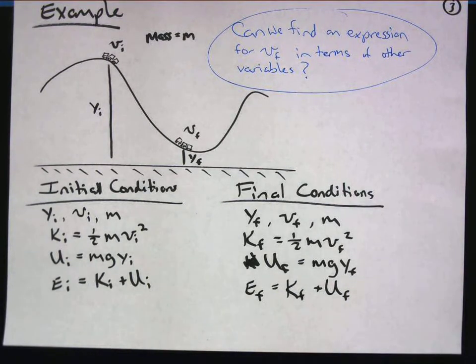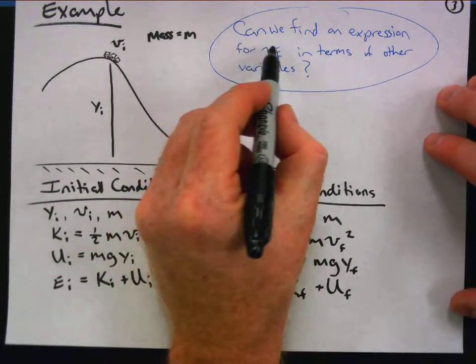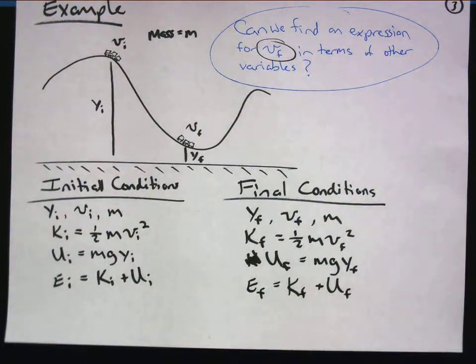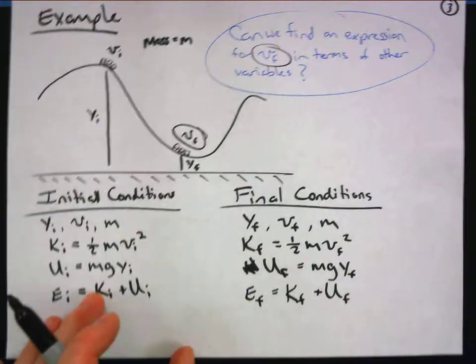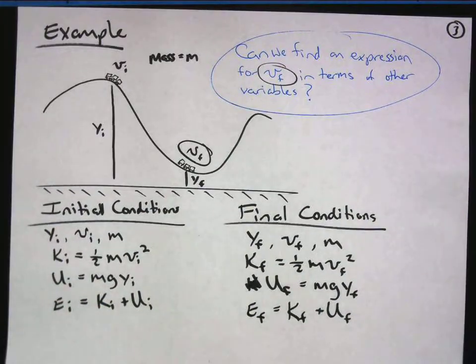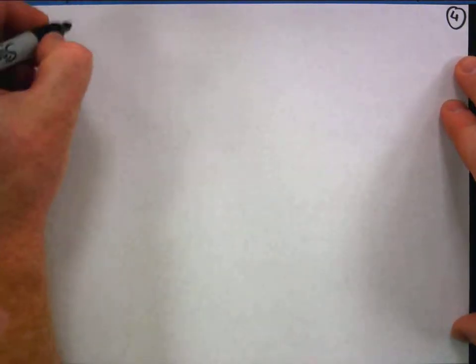We are looking for some expression for final velocity, for the velocity at this new lower position. So what's going on with that? What can we do here? Well, if we are looking at an ideal situation where there is no friction, then there are only conservative forces, and we know that the mechanical energy will be conserved.